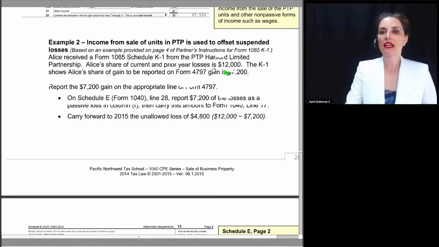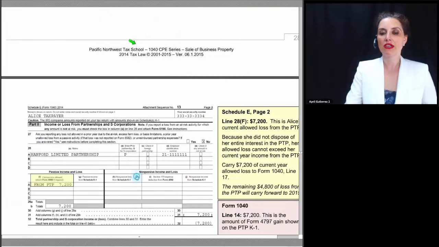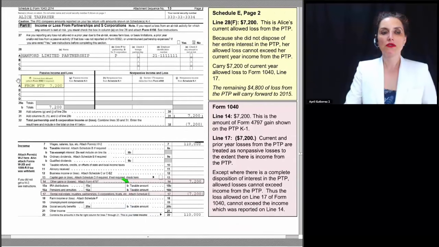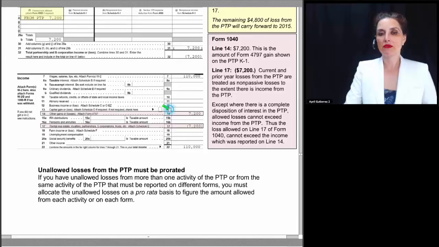She is allowed to claim up to $7,200 of these losses in the year because she's reporting $7,200 of income. So we go over to page 2 of Schedule E, and we then report the allowed loss equal to the income. The income is reported on line 14 as ordinary income, and the allowed loss is equal to that income.